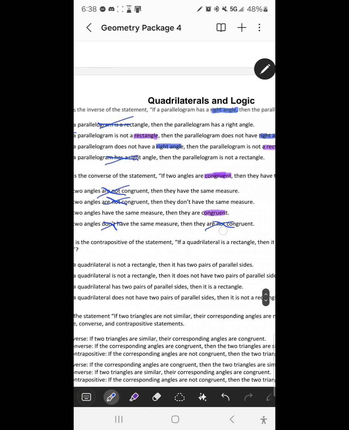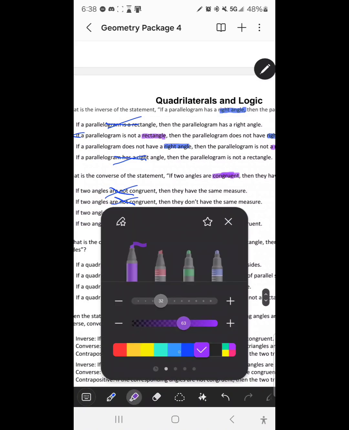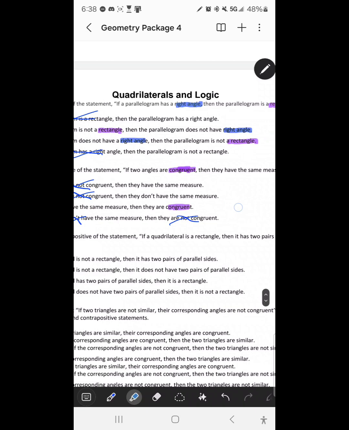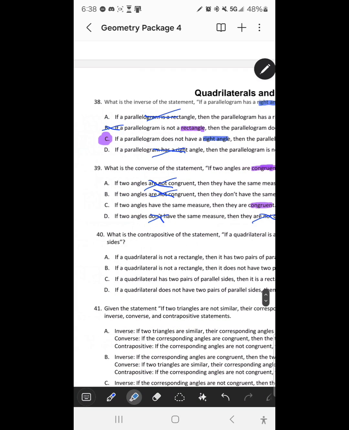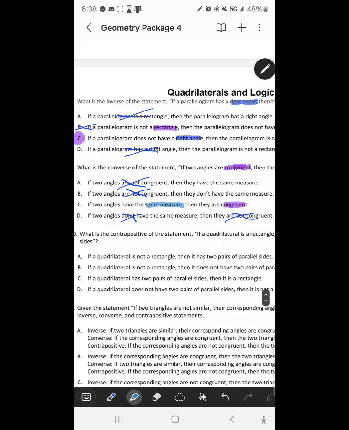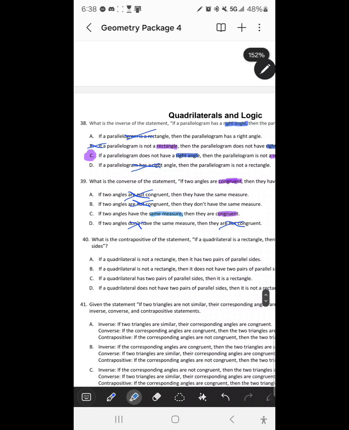So I think this is pretty straightforward. But either way, it has the congruent, then we have the same measure. As you can see here, it has basically the same thing, it's just flipped. It does not change the meaning, it does not say anything, it just flips the statement. So C is our answer.